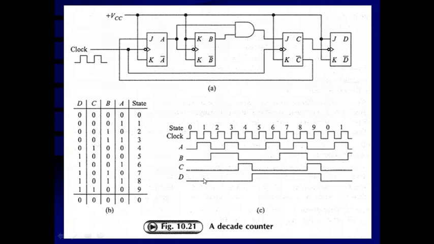Then 0 0 0 1, then 0 0 1 0, then 0 0 1 1, then 0 1 0 0. So up to the 4th state, corresponding to this 0 1 0 0, the decimal equivalent is going to be 4.